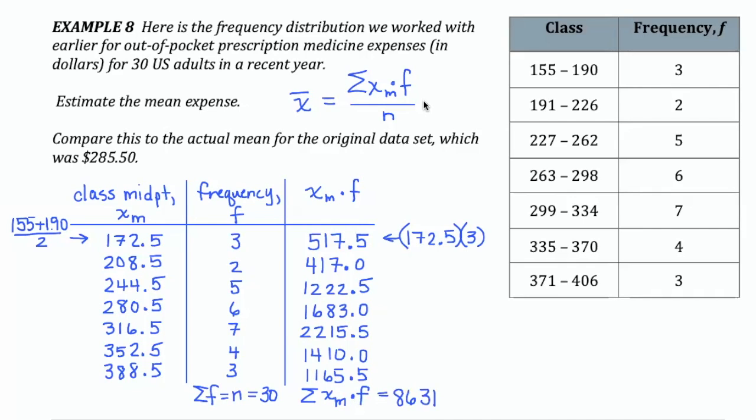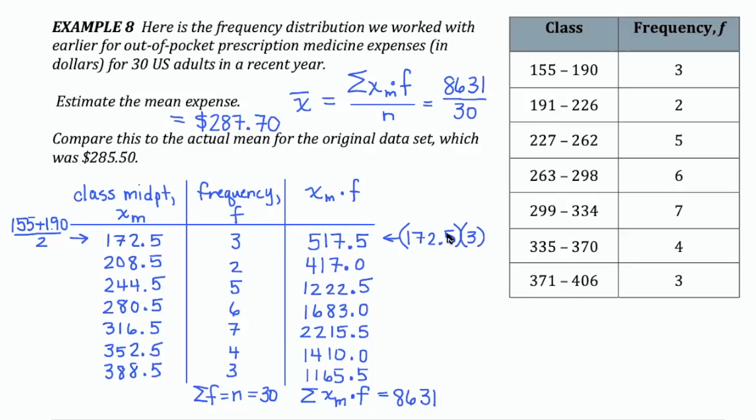So to find my answer, I will now take the sum from the product column, 8631, divide by the 30 pieces of data. This turns out to be 287.70. 2 decimal points here make sense because this is money. So that turns out to be the average expense.